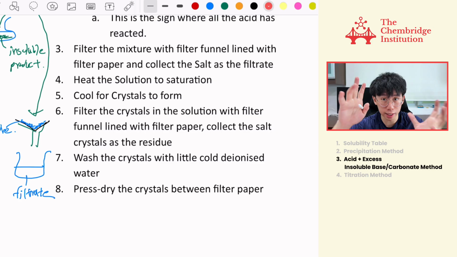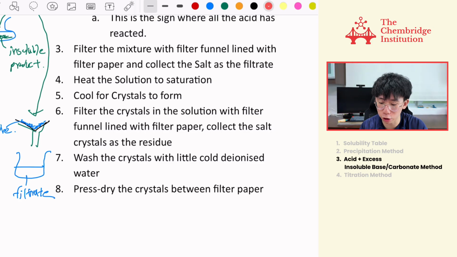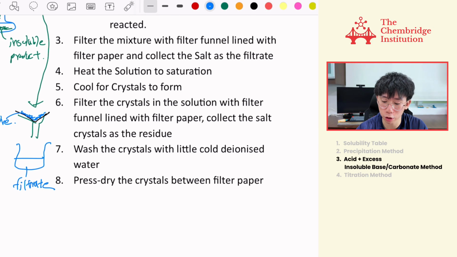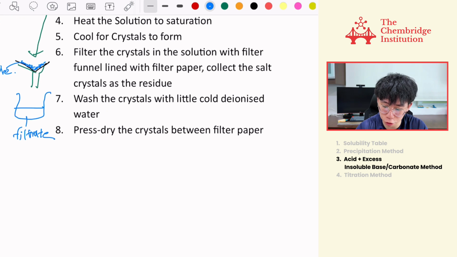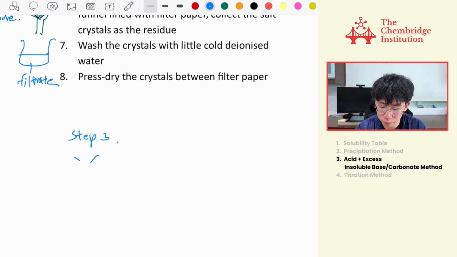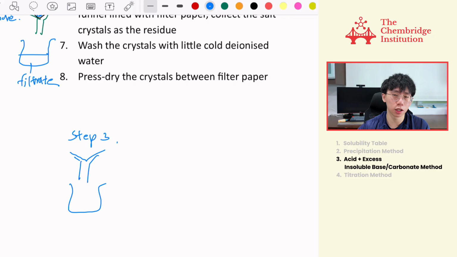So imagine you take that solution and you're going to filter it. If we continue from step 3, we are going to filter with a filter paper. If we filter that mixture that we had just now, what will we have? We will have the insoluble carbonate or base, that will be caught in the filter paper.